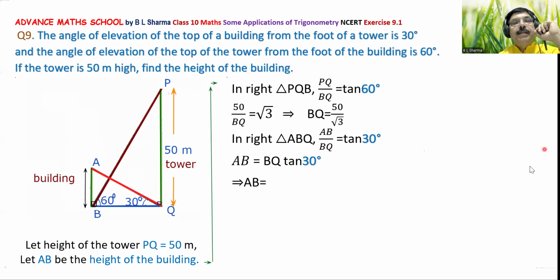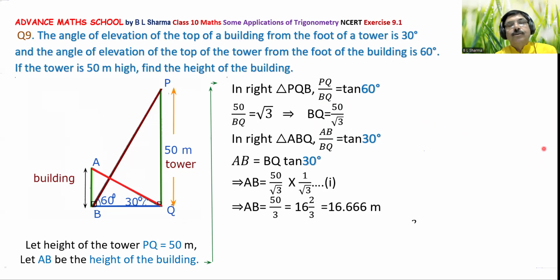AB as it is, but in place of BQ, you can write 50 upon root 3. The value of tan 30 is 1 upon root 3. So on further multiplication, AB as it is, 50 as it is, root 3 upon root 3 is 3. So 50 upon 3. Divide, you can write in big fraction 50 by 3 or 16.666 meter.